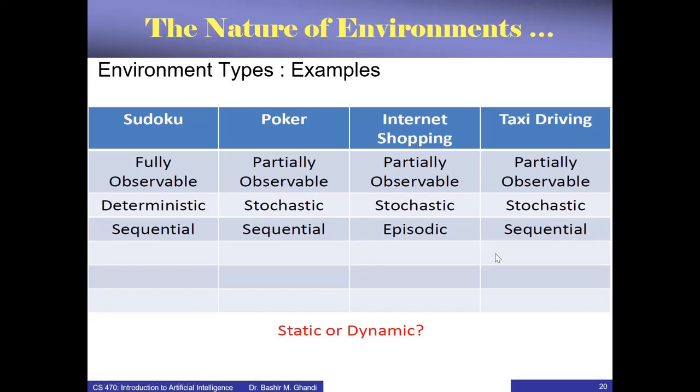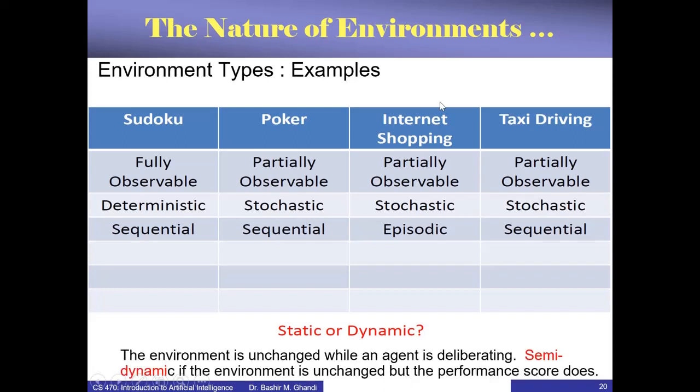Right, the next question is whether the environment is static or dynamic. Again, to remind ourselves, the environment is said to be static if it remains unchanged while an agent is deliberating on the next action he's going to take. So an agent has perceived an input and he is trying to decide what action to take based on this.